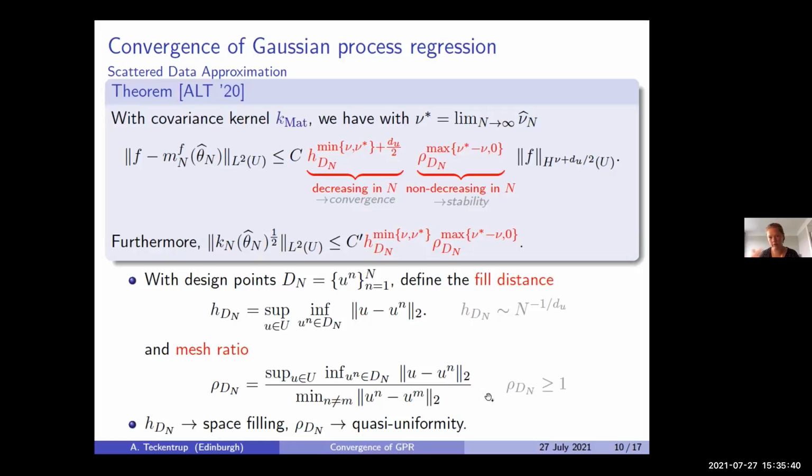If you keep the ratio between the maximum distance and the minimum distance between two design points fixed, then you're not going to have any stability issues. It's just if the minimum distance between two points goes to 0 very fast that you can get some stability issues. Similar comments apply to this result for the covariance.